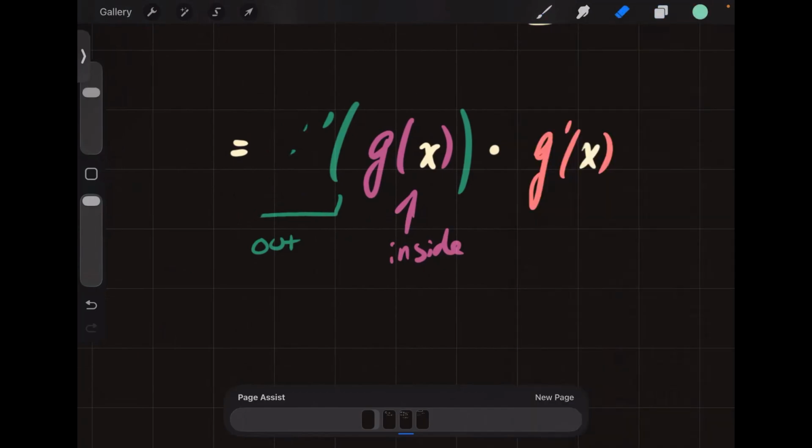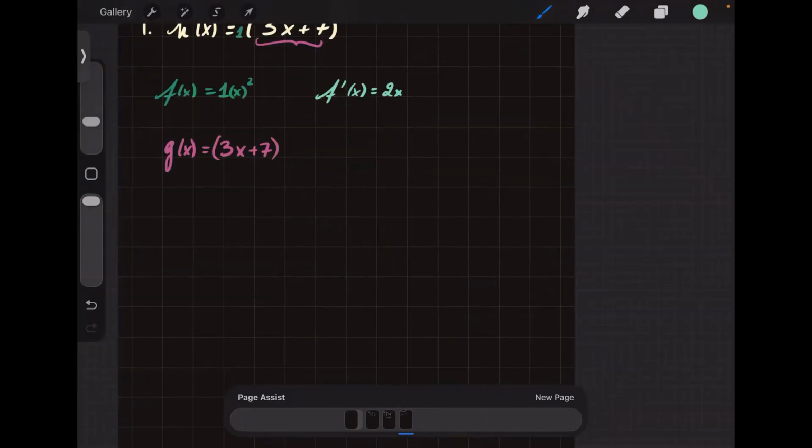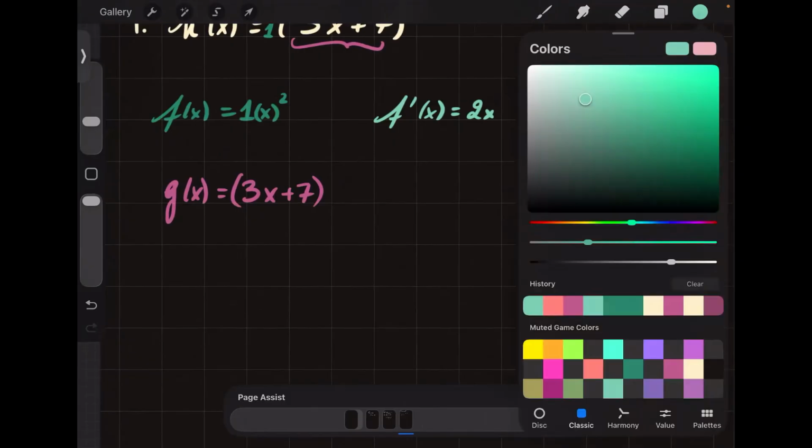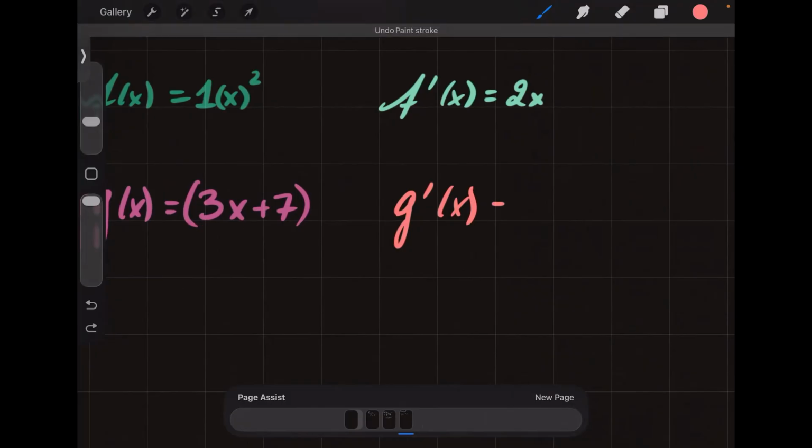Matchy matchy is always nice. Now let's take the derivative of g. g prime of x, this one's easy, is 3.